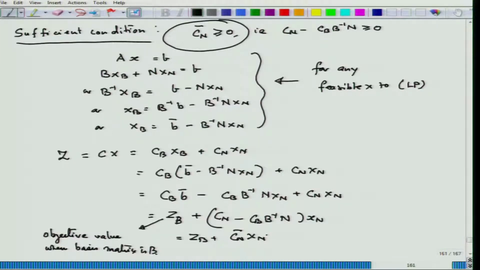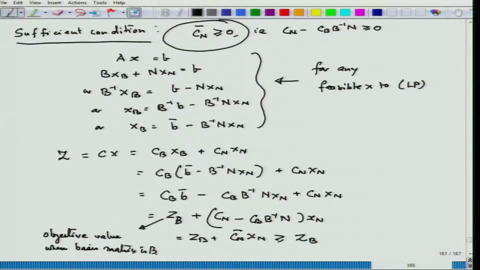Xn is greater than or equal to 0 because x is feasible, and Cn bar is greater than or equal to 0. So, whatever feasible element you take from C, the feasible set to the LP, the objective value at that feasible point Cx is always bigger than or equal to this value Zb.